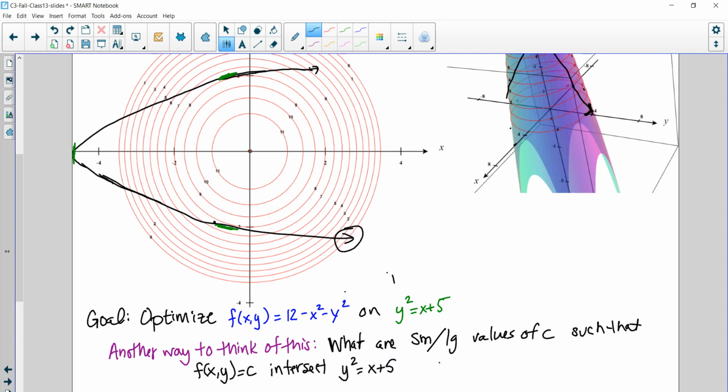So I really just want to find the largest and smallest values of c on this contour plot. That's all I really want to do.